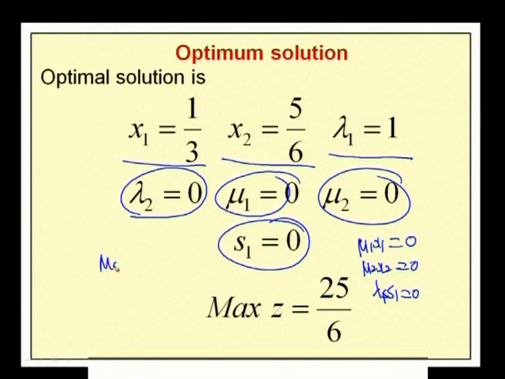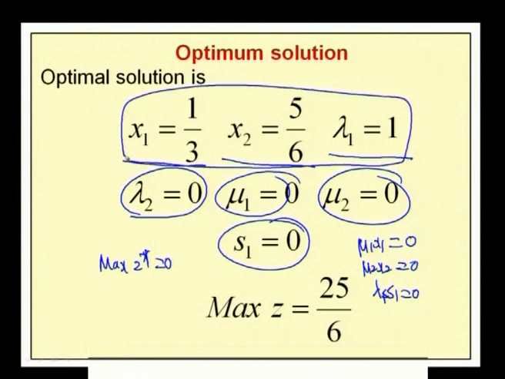Therefore, maximum z star equal to 0 is the feasible solution. Therefore, the optimal solution obtained for the given linear programming problem is the optimal solution to the given quadratic programming problem. Now, by substituting these x1, x2 and lambda 1 values in the given quadratic programming problem, we will get our optimal solution as maximum z equal to 25 by 6.